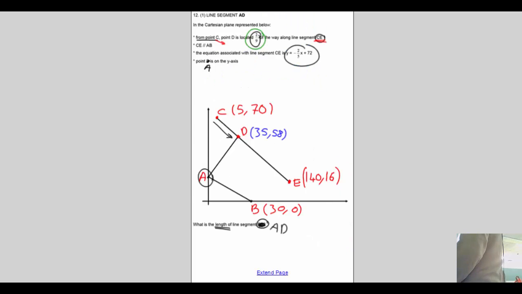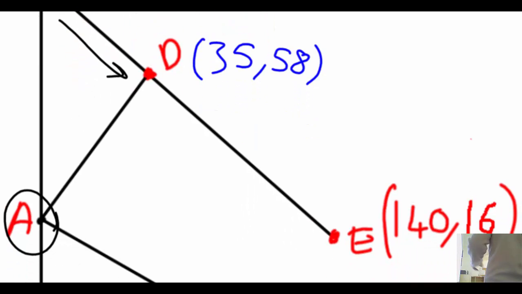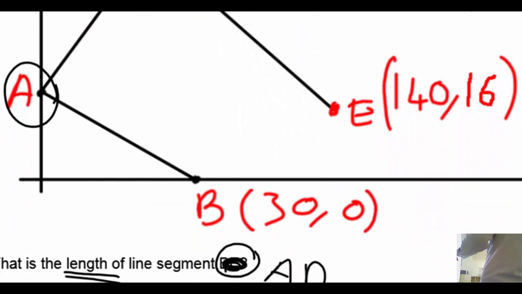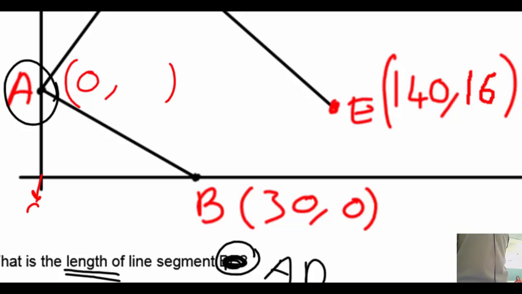Now we know the coordinates of D. We need to calculate the coordinates of A, and I have no idea what the coordinates of A are. All I know is that x is 0 here, comma, close it. x is at the point 0. y, I don't know.